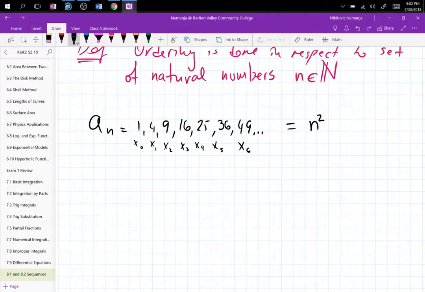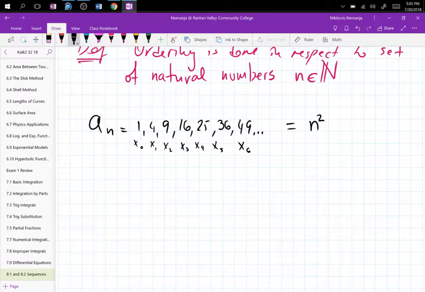So for number one, well, this starts at number one. So when you start with number one, you have 1 squared, and it's going to give you 1. Then you go to the next one. So if this is 1, that will be 2. So 2 squared over there is... something is off. Did you label x1 at 1 and x2 at 4?